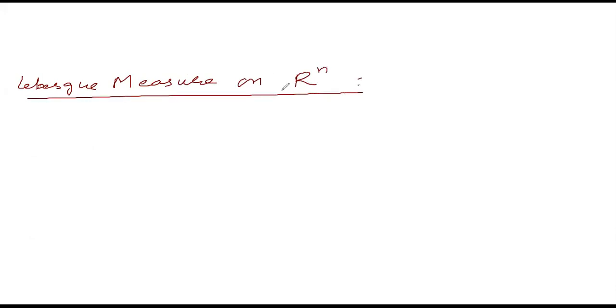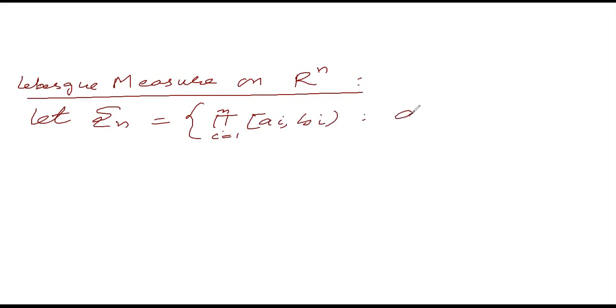So first we fix some notations. Let Sn denote this collection of the product of n copies of semi-closed intervals, the product as i runs from 1 to n of [ai, bi), where these ai, bi are just real numbers.